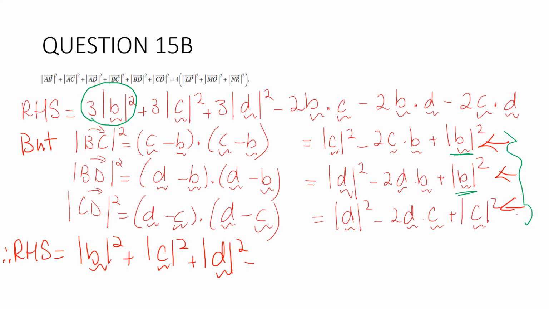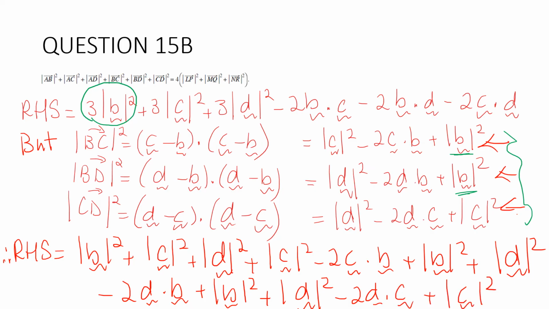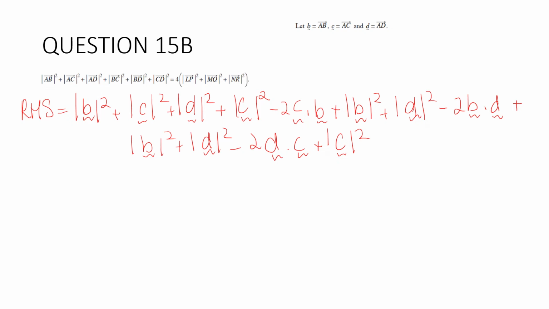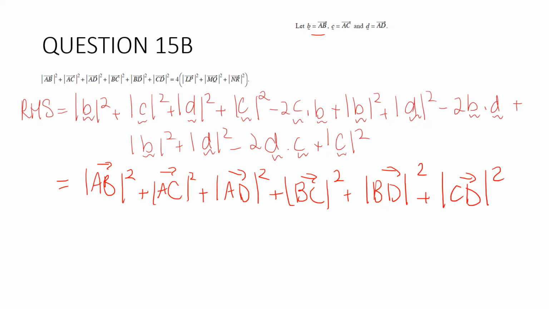So plus C take 2C B plus C squared, which is equal to B is AB, C is AC, and D is AD, and then we proved all the rest of it before. Equals left-hand side.